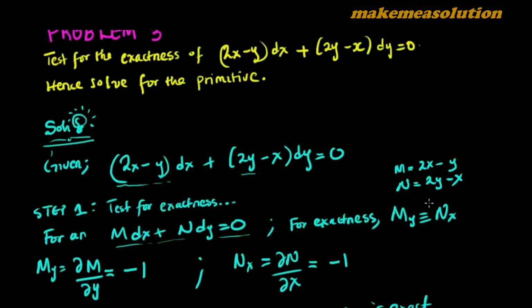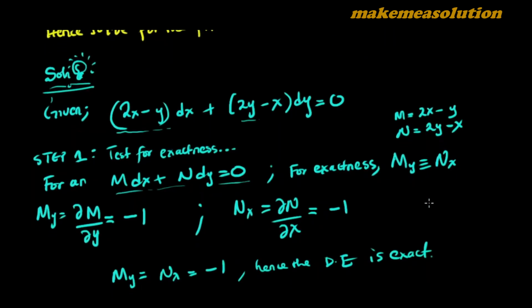Now if you are very observant, you will discover that this differential equation also looks like one of the homogeneous differential equations that we solved in the past. It is actually homogeneous in the sense that if you make dy/dx the subject of the formula, dy/dx is going to transform into minus (2x minus y) divided by (2y minus x). So this is dy/dx, and clearly this is homogeneous.